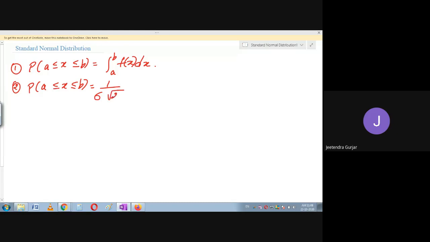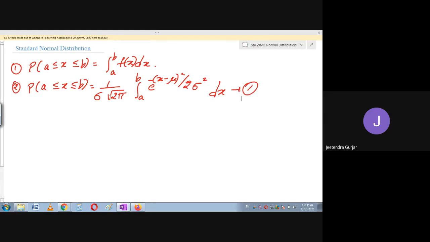It is 1 divided by sigma square root 2 pi, integration from a to b, e raised to minus x minus mu the whole square divided by 2 sigma square, dx. Please remember this and keep this as equation 1.